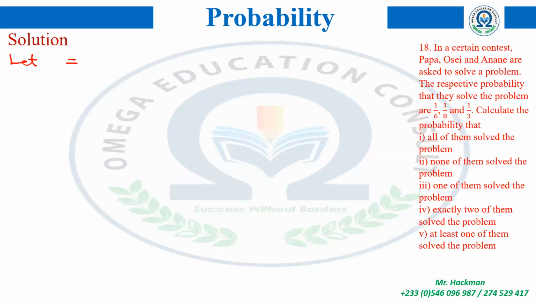So I will let P be equal to the event that Papa solved the problem. That's my first event.